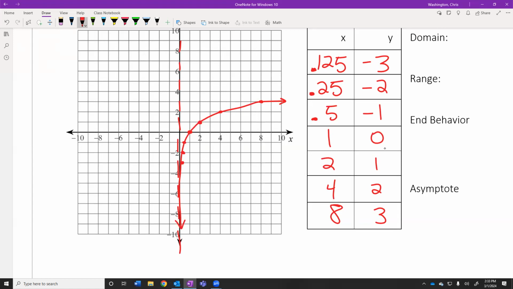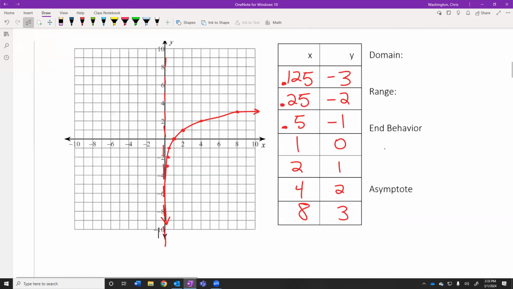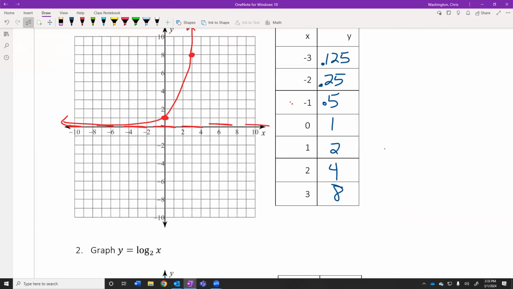And if we remember anything about inverses that we learned at the beginning of the year in January, we talked about the graph of a function and the graph of its inverse. And we said, hey, those are always going to be symmetric about the line y equals x. So if we were to put this line y equals x on here, about right there, and we were to reflect that exponential graph that we did earlier over this line, we're going to get this point right here, and it's going to look something like this.